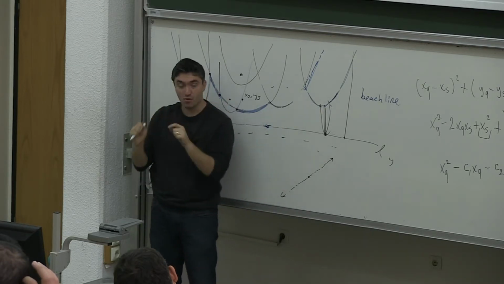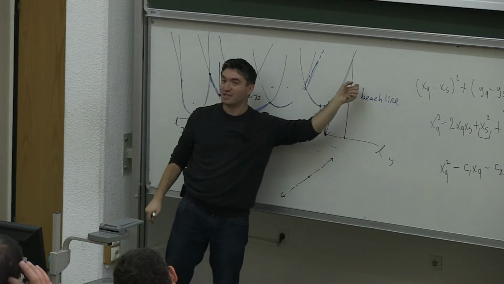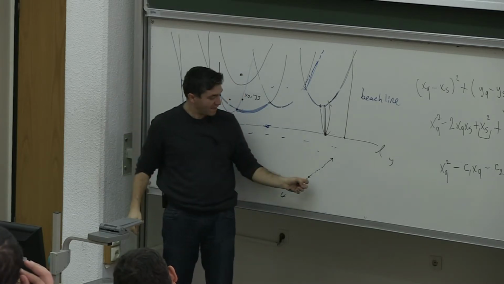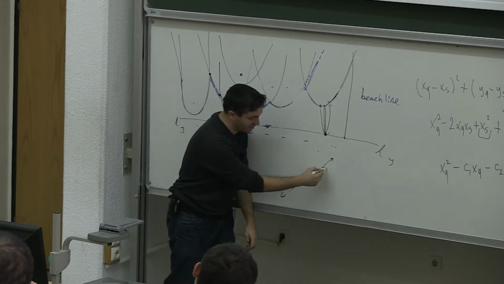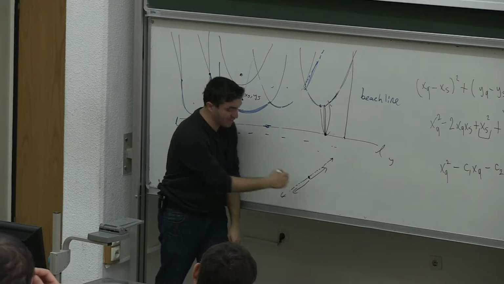As the sweep line moves, one breakpoint moves this way, the other moves this way. As the parabola gets wider, they are moving in different directions. And this is exactly what happens on the Voronoi diagram. The edge is traced this way. This is one breakpoint, and this is the other breakpoint.